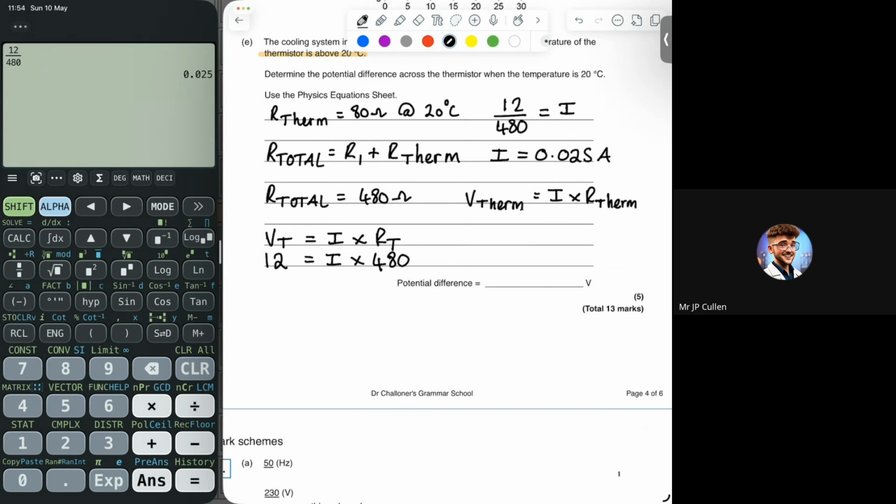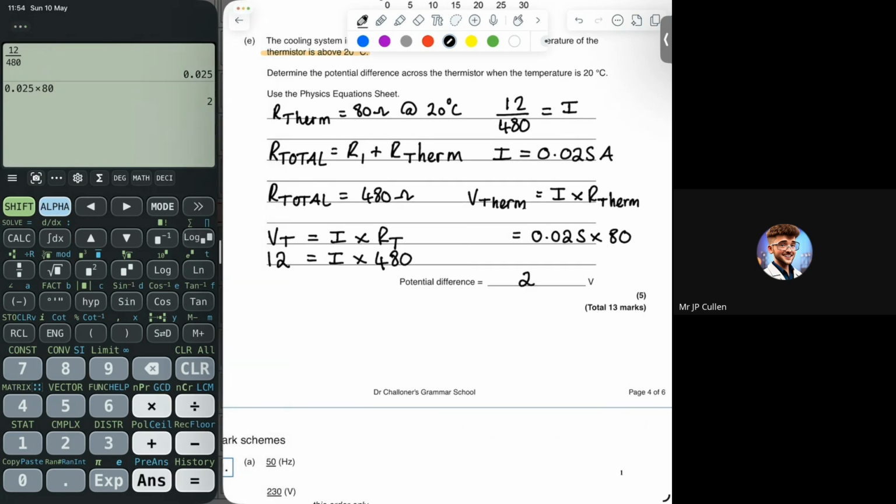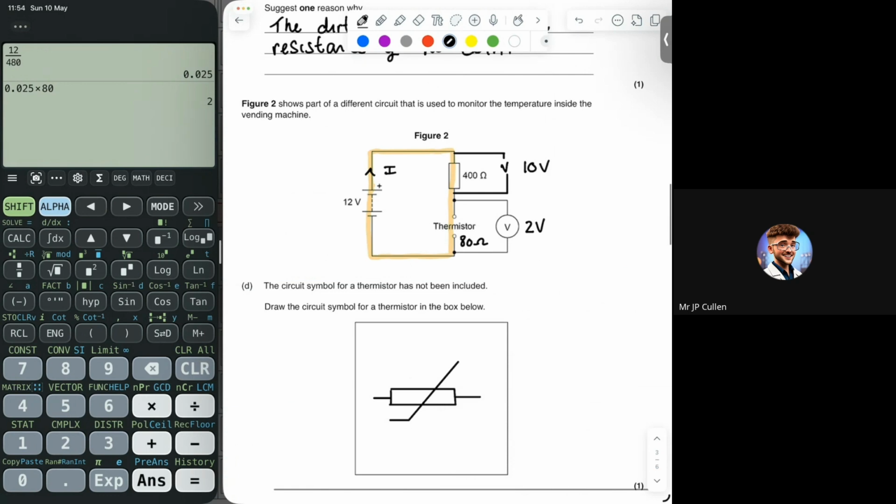And so that's just going to be equal to 0.025 multiplied by 80. And if we put that in, we get a value of 2. And so you can see there are 2 volts dropped across the thermistor.